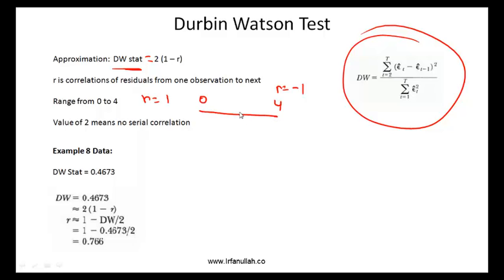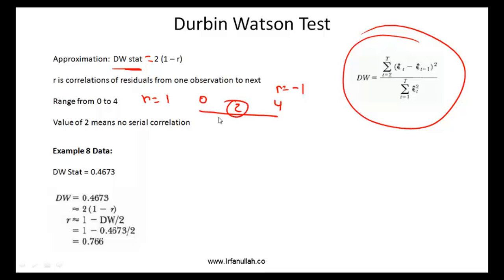What is the value of r that you would like? What should be the correlation between the residuals? It should be 0. So if that is indeed the case, then what would the Durbin-Watson stat be if r is 0? 2.